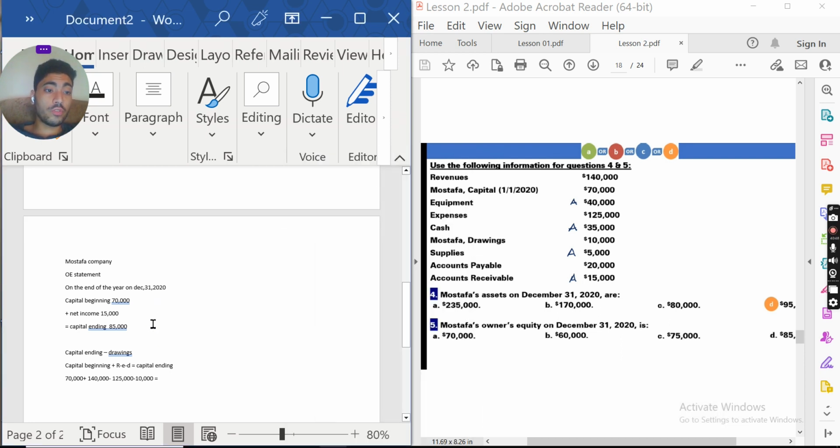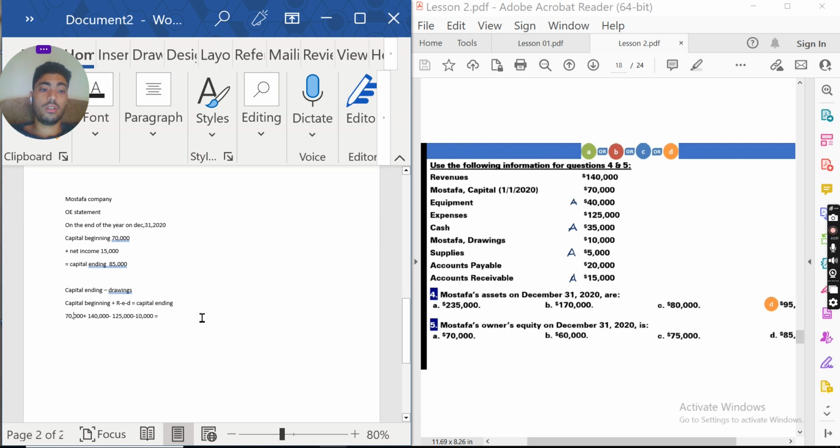So there are two ways to solve it, like the two ways I provided here.